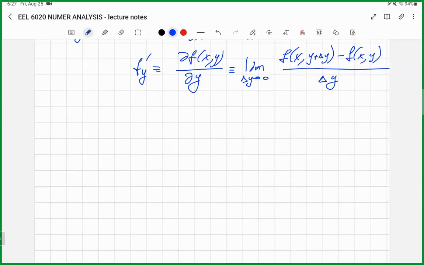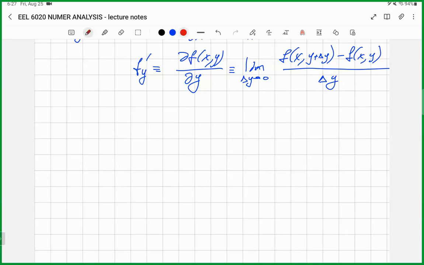But what if I change both x and y, or even, for a more general case of a function of three arguments, what if I change all of them simultaneously?